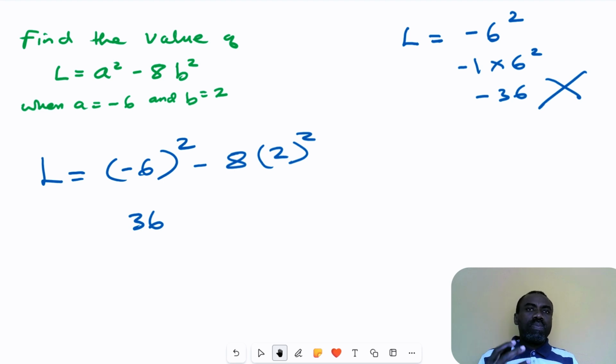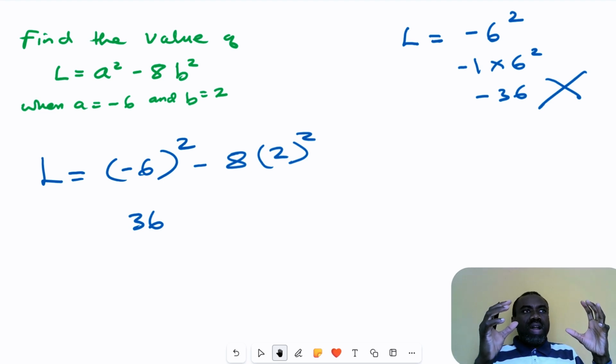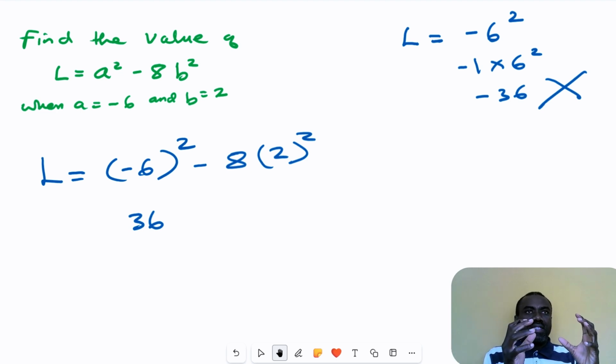So to keep it safe, whenever you are handling negative numbers or powers or roots, introduce your substitution in a bracket. The bracket protects you from mixing it up with the rest of the expression. Solve what is in the bracket and then go on to simplify your expression to get the correct value.